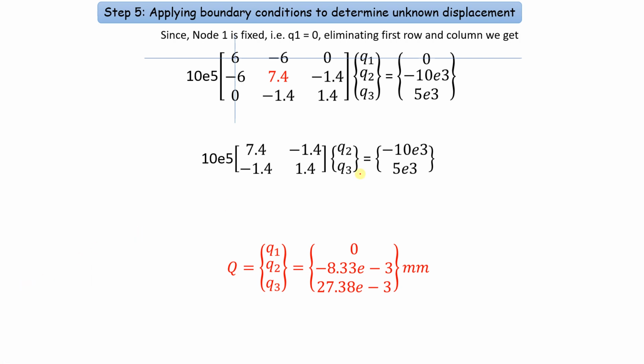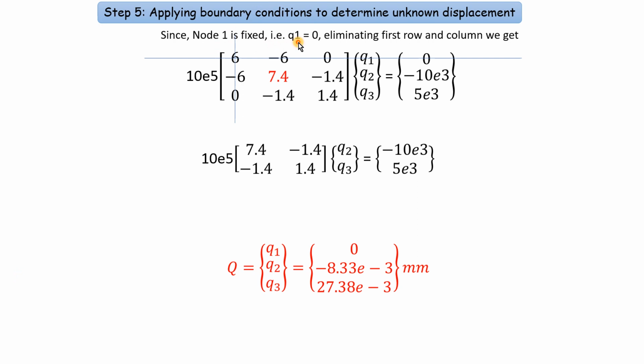What are the boundary conditions given for the problem? Since node 1 is fixed, the displacement at node 1, that is q1, will be equal to 0.